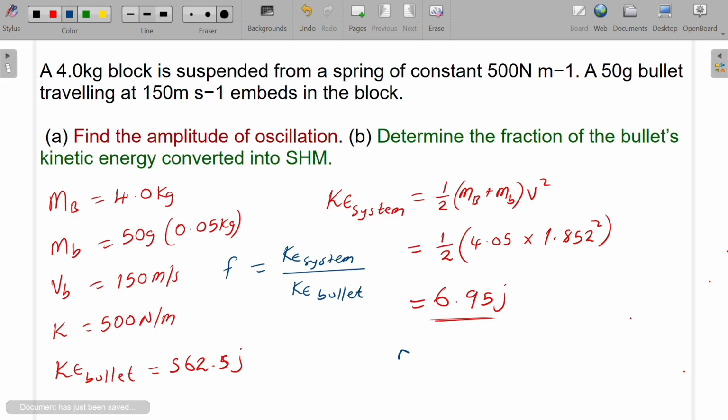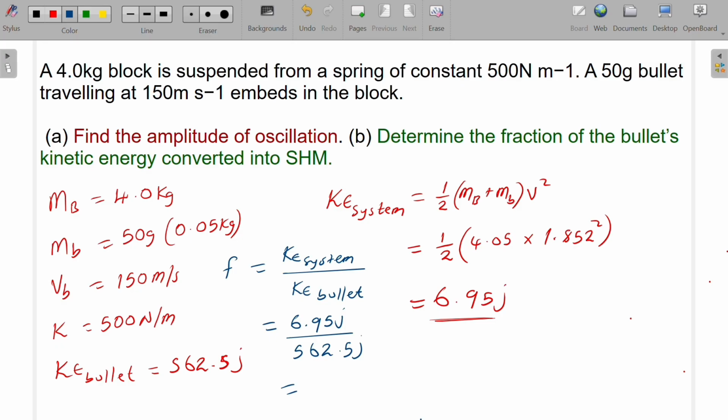So this is the ratio we're looking for. Replacing with what we have, the kinetic energy of the system is 6.95 joules divided by the kinetic energy of the bullet, which is 562.5 joules. So all we have to do is do our mathematics there.